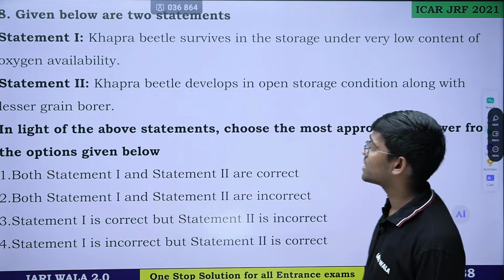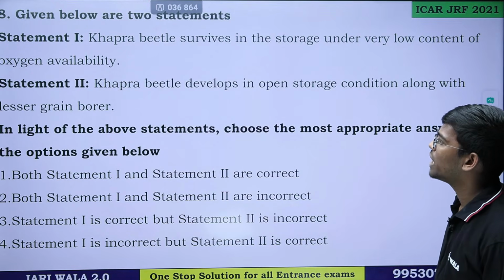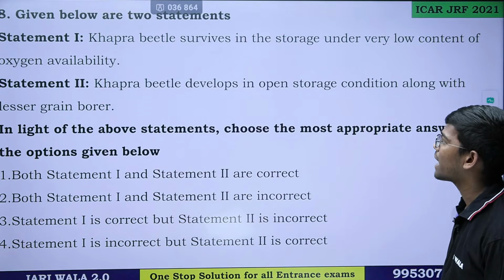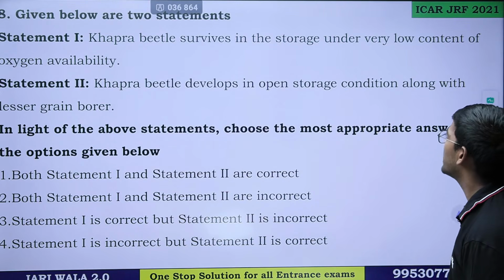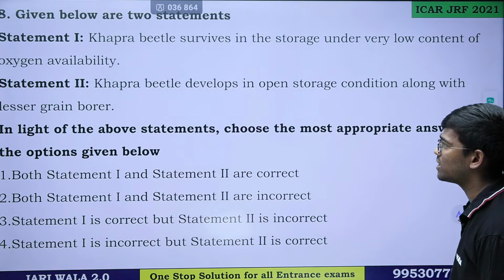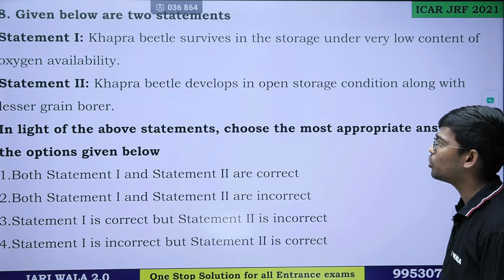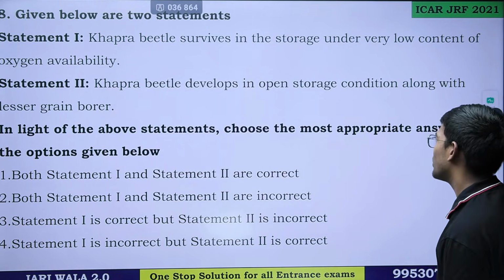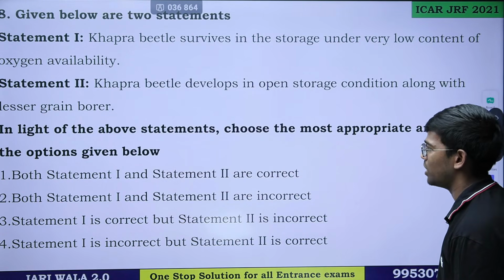So coming to the next question, given below are 2 statements. Statement 1: Khapra beetle survives in storage under very low oxygen availability. And statement 2: Khapra beetle develops in open storage conditions along with the lesser grain borer.